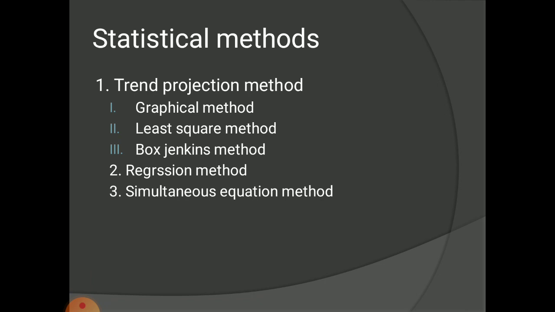Under statistical methods, again, there are three methods, which are trend projection method, regression method, and simultaneous equation method. And again, trend projection method is divided into three categories, which are graphical method, least square method, and Box Jenkins method. Now let us discuss in detail.